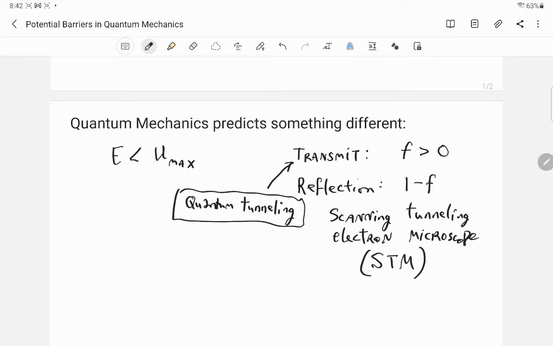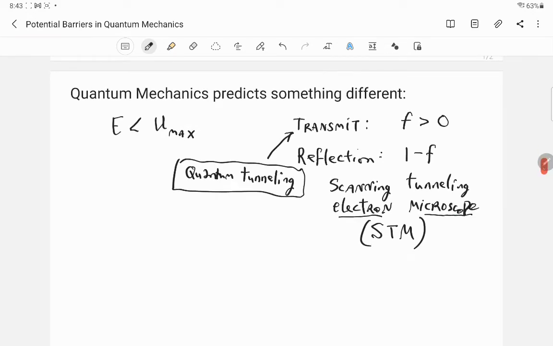In this microscope, it's electrons that we're considering being the little projectiles. The idea is we're trying to make it so that this is always the situation for the electrons in the microscope, and we're looking for the tunneling. Information from the tunneling tells us about the landscape that we're looking at very closely. It tells us about the topography of a surface.